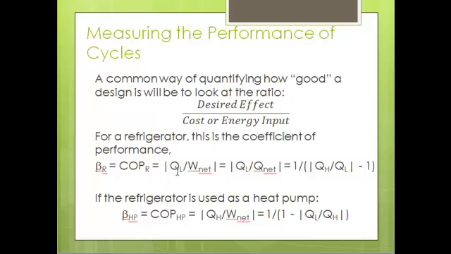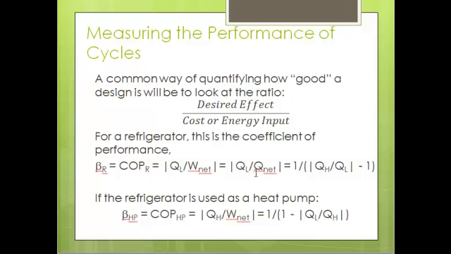Now, this is going to be heat into my system and out, and work into my system. So this is going to be positive and negative. We really would rather think of these as absolute values. So take an absolute value, and I end up with this as my definition. My goal is heat transfer out of the cold stuff, the low temperature. The cost is power, my net work.